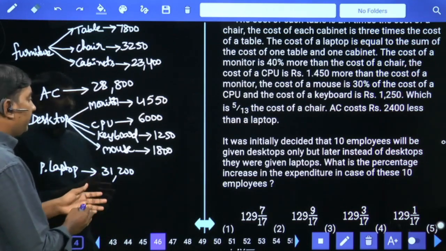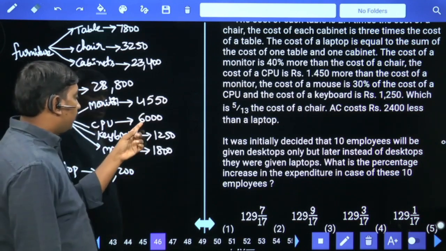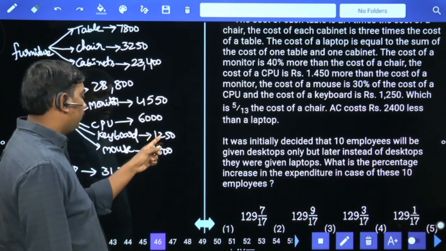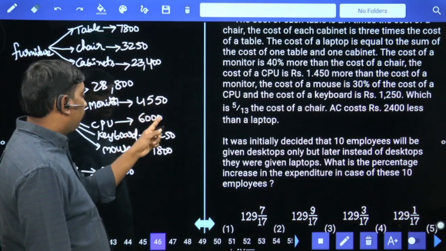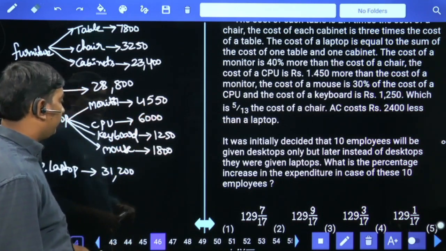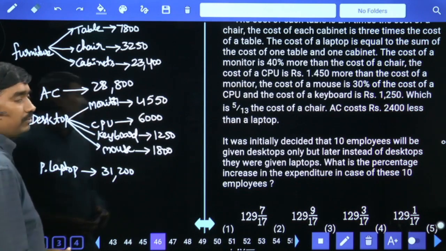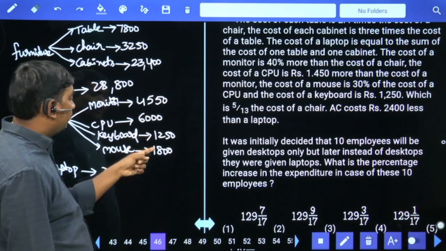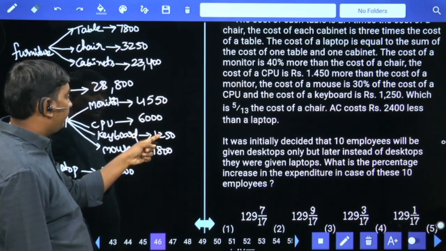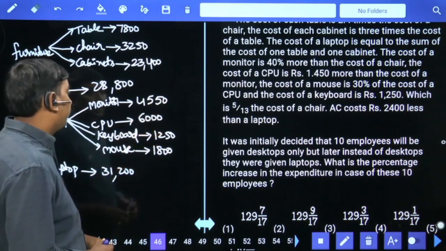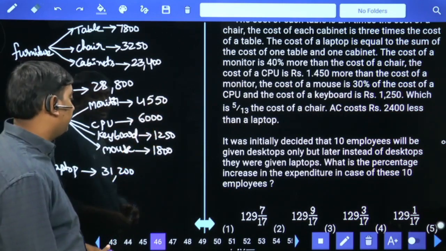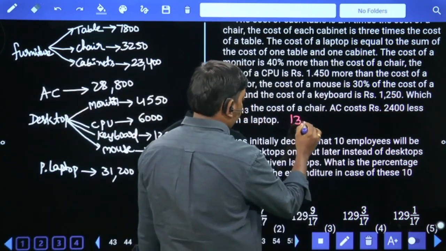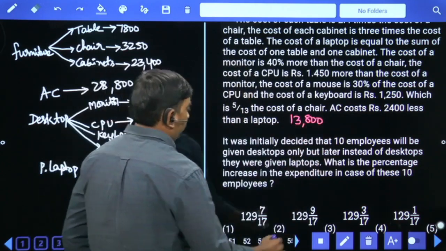So actually desktop includes all these values: 6,000, 4,000, 10,000, 11,000, 12,000, 800, 200,000, 13,000, 550, 50, 600, 13,600, 13,800. But laptop is 31,200.